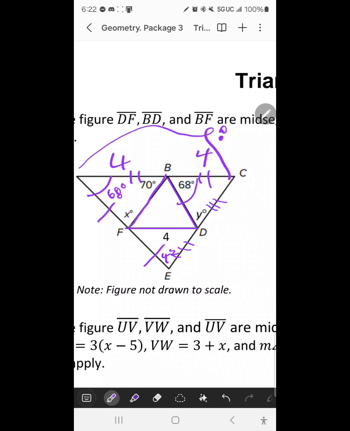And now I'm going to suppose these two do not exist, and I have this little triangle and this big triangle, and this side is going to be equal to this side. So this one is also going to be equal to x, which is 42.